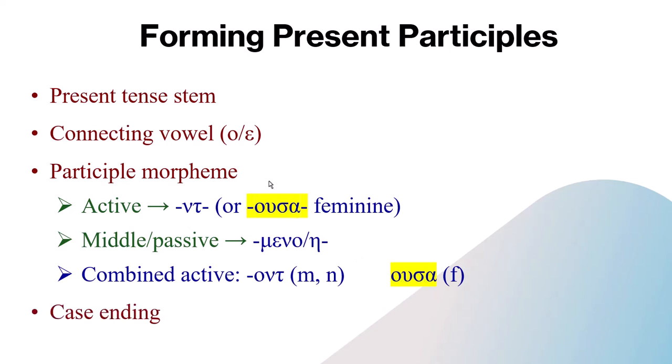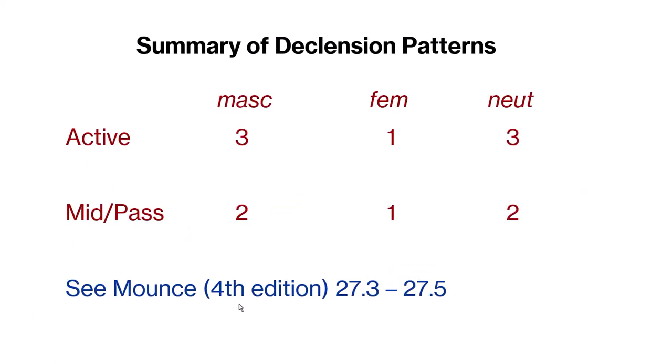And then finally, we form a present tense participle with a case ending. So we have present tense stem, connecting vowel, participle morpheme, and then finally the case ending. It's very important to realize that the endings for the active participles in the masculine and the neuter, we're going to have third declension endings.